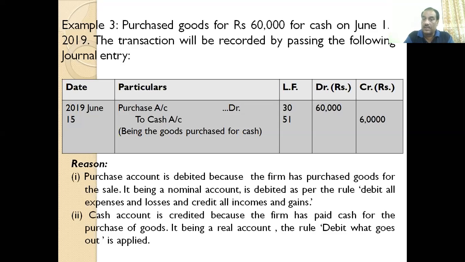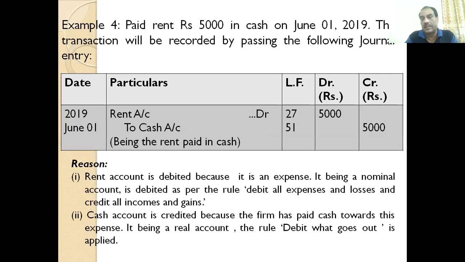Here it is a purchase, so as per the rules of debit and credit, this account is to be debited. And the cash account is to be credited because cash has gone out for the purchase of that amount. Again following the rules, cash is a real account, so the cash account is to be credited.